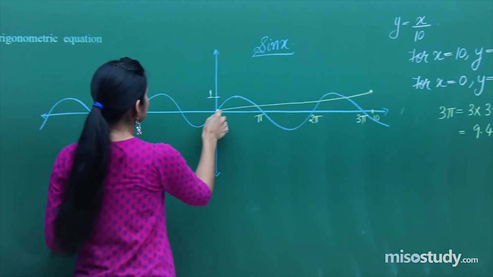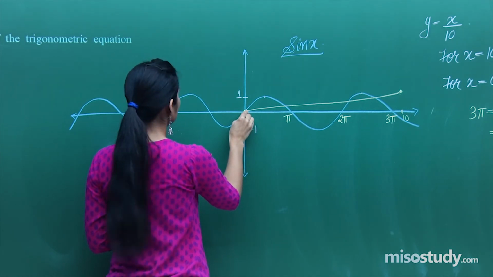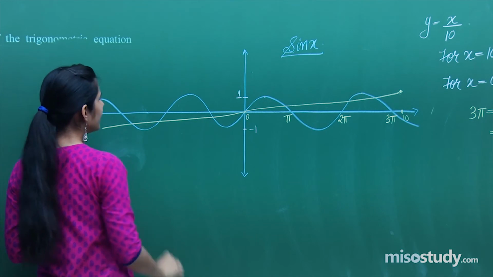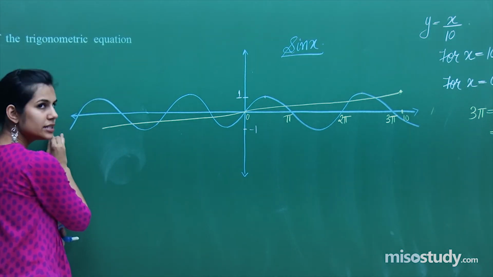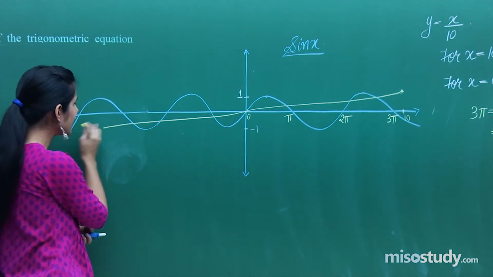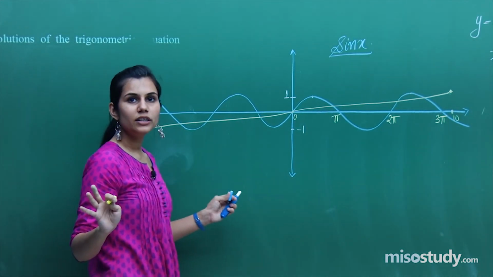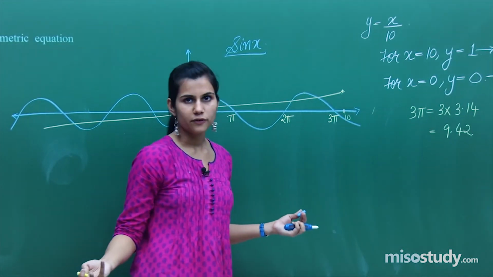Similarly, it is a symmetric type of function, an odd function. So you are going to get it like this. Behind, again, it is not going to touch the graph of the sine function here as well. And here also it is going to go like this without touching the graph of sine.